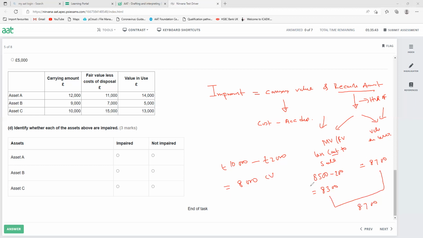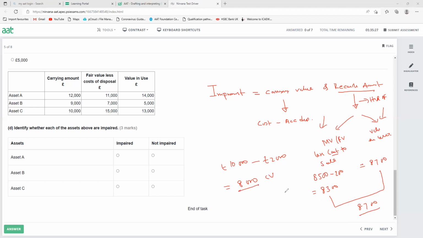For example, here my carrying value is 8,000 and my recoverable amount is 8,700, so the recoverable amount is more than the carrying value. That means this asset is not impaired.